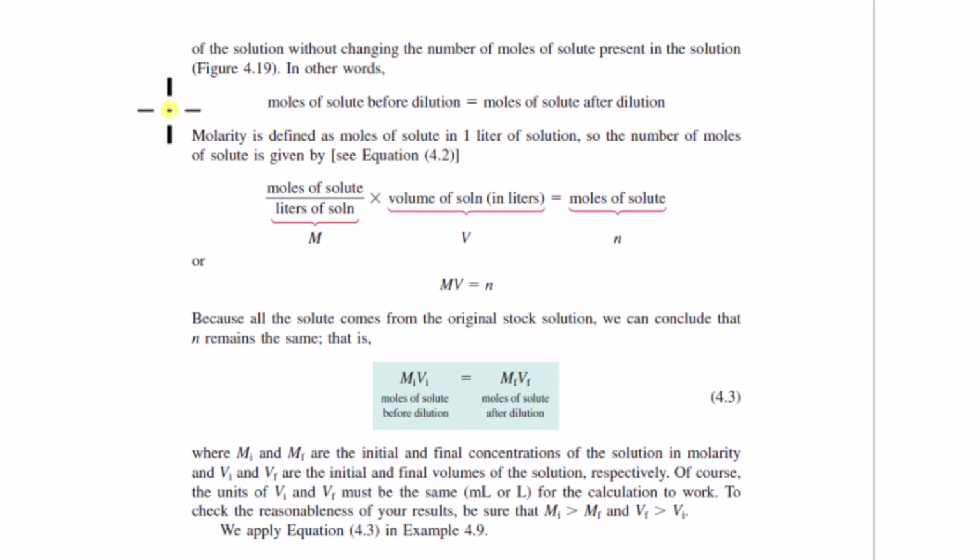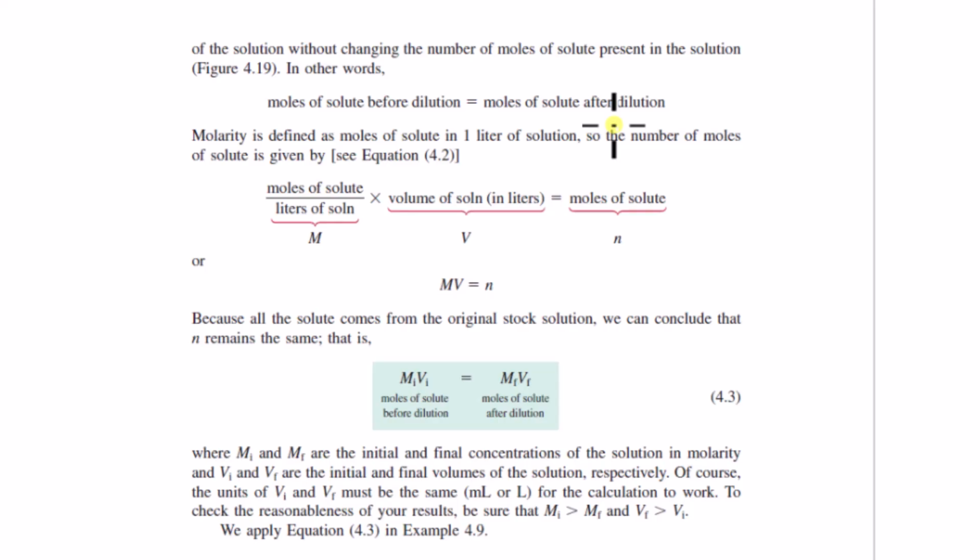You might take out 2 liters of the highly concentrated hydrochloric acid solution, and then the plan is to add 5 liters of pure water to that solution to get the 1 molarity hydrochloric acid solution you're looking for. But the key point to realize about this dilution process is that the number of moles of the solute before the dilution is equal to the number of moles of the solute after the dilution, right?